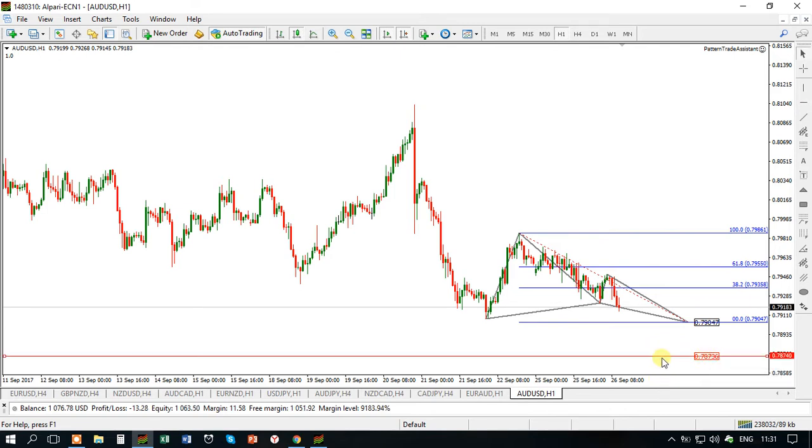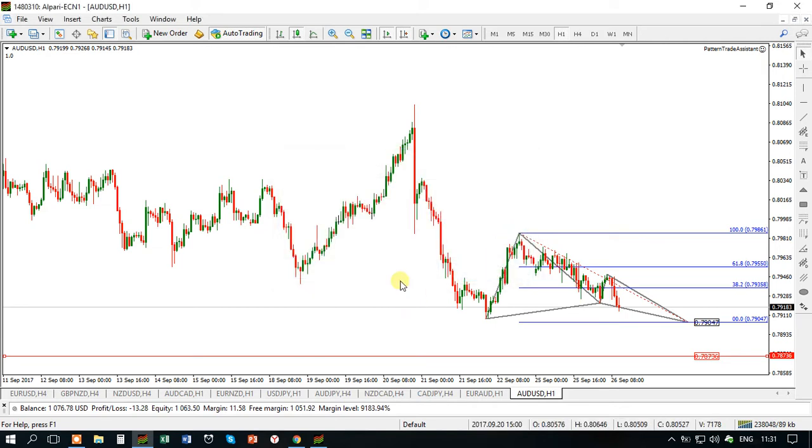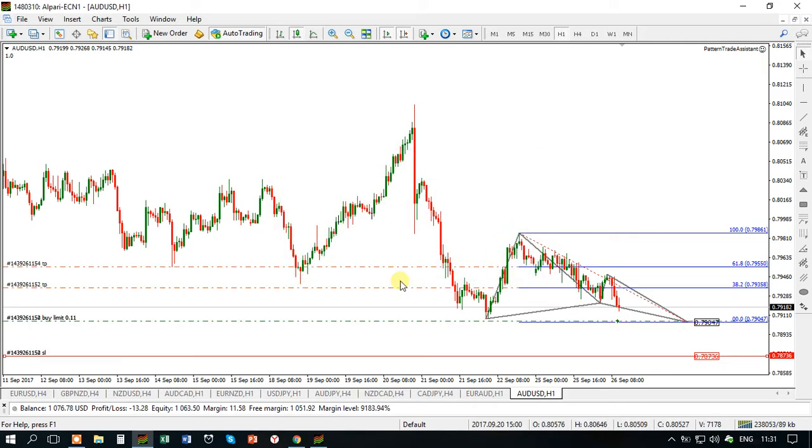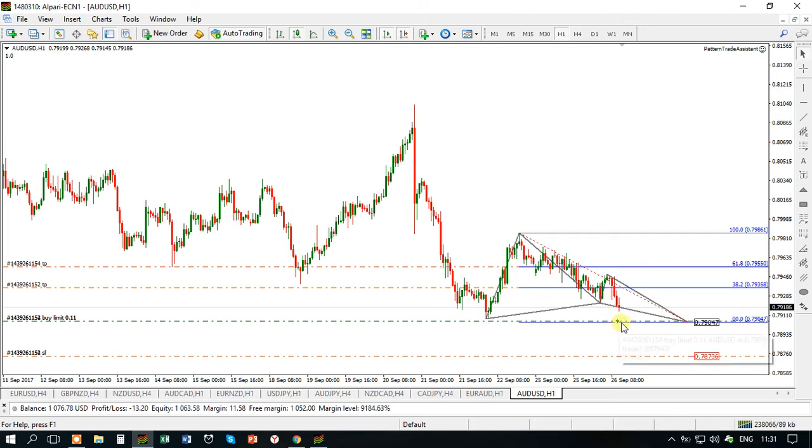78, 73.6. Okay, done. Let me place the trade according to my money management. 1, 2, and it is set. As we can see here right now, the buy limit order is adjusted one spread above because it is to be executed at ask price, and ask price is a bit higher than the bid price of the chart.